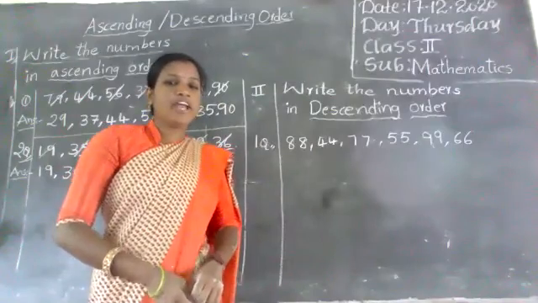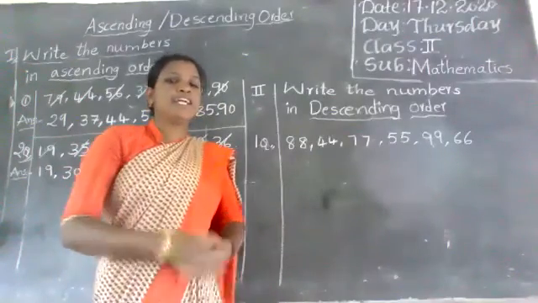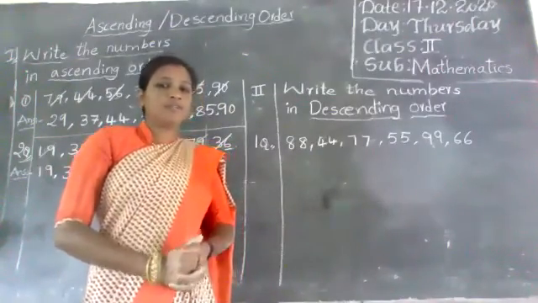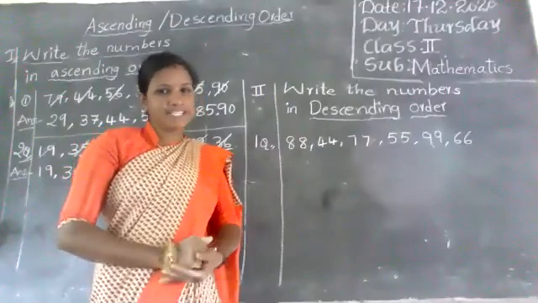Now here we have to arrange these numbers in descending order. But what is meant by descending order?